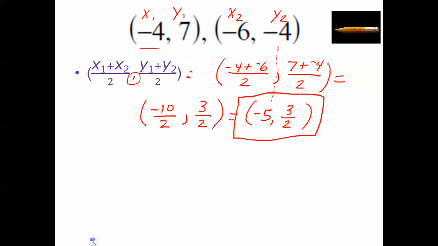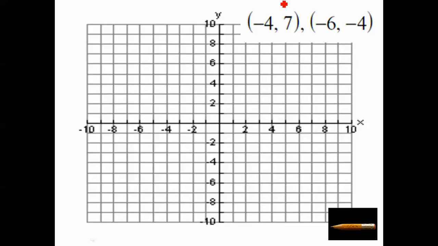Now let's do it using a graph and see if we get the same answer. So here's -4, 7 again, and -6, -4. So again, we know that our up distance, the distance from here to here, is 11, and then our distance from here to here is 2.